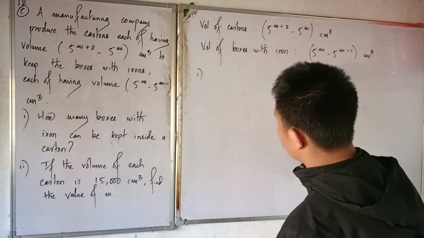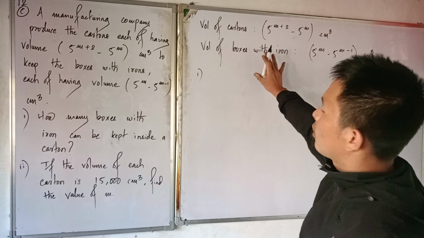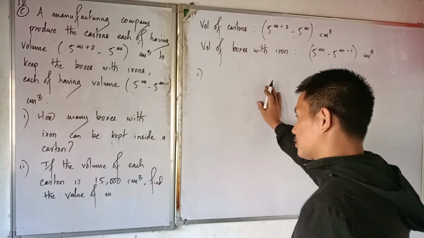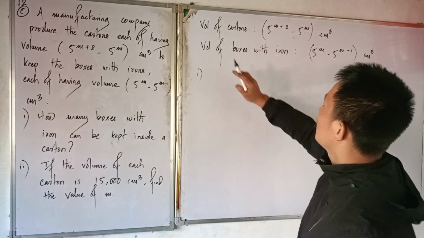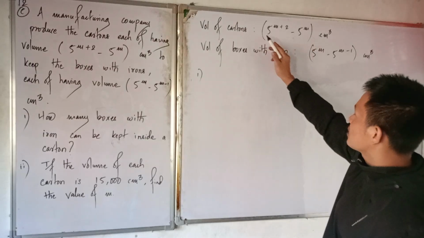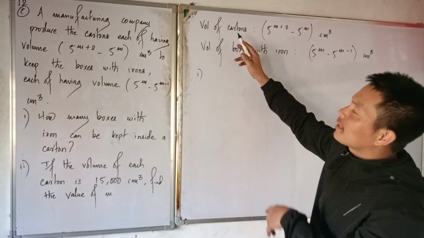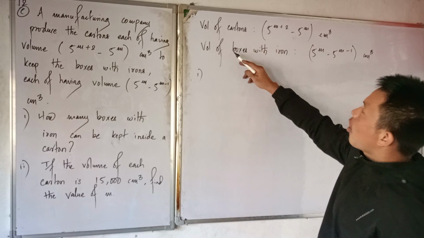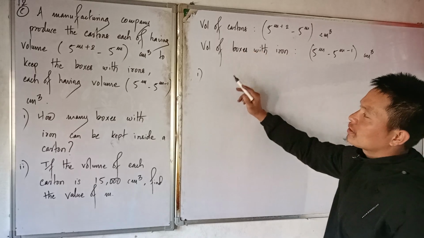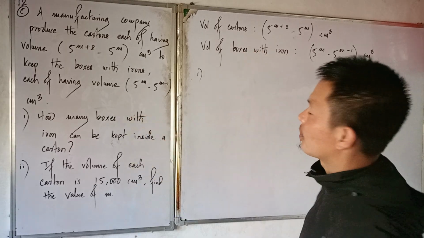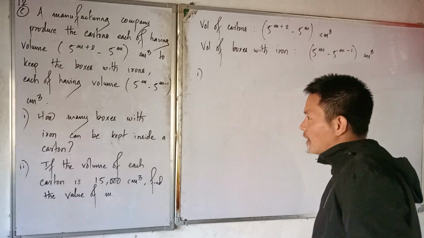Okay, so now I put it in this way, so this will be better. Because in the question, how many boxes with iron can be kept inside the cartons? So volume of carton is given here, and volume of boxes with iron is kept inside this carton. So how many boxes with iron can be kept inside this carton? That is what is asked in part I of the question.